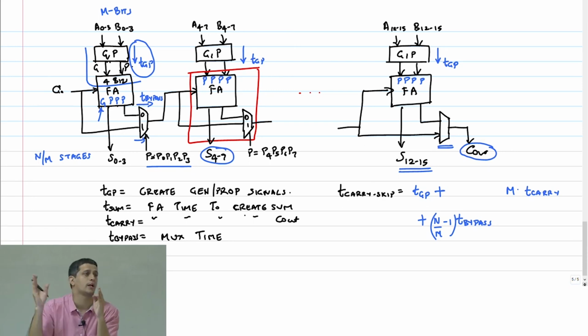It's not M minus 1 bits. All the m bits I'm propagating. First bit is generating the carry, right? It takes T carry time to generate that carry. Whether you generate or propagate, you have to perform a logic operation to get that.